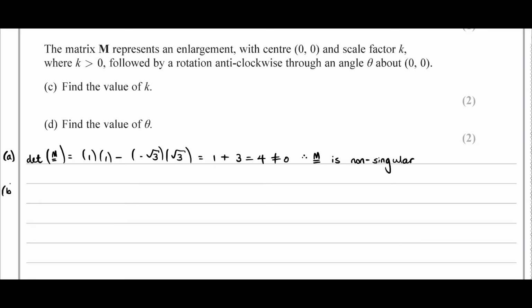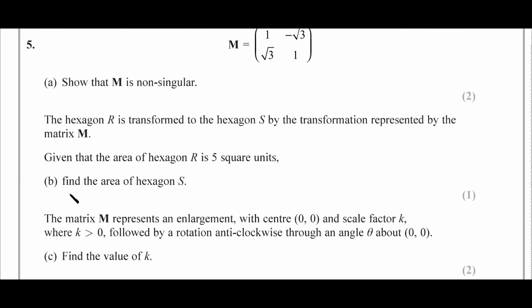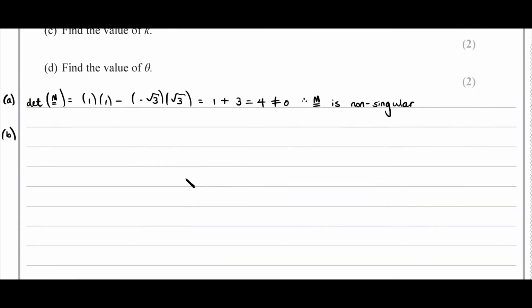Now for part B, the hexagon R is transformed to the hexagon S by the transformation represented by the matrix M. Given that the area of hexagon R is 5 square units, we have to find the area of hexagon S. Well, this 4 over here corresponds to an area scale factor.